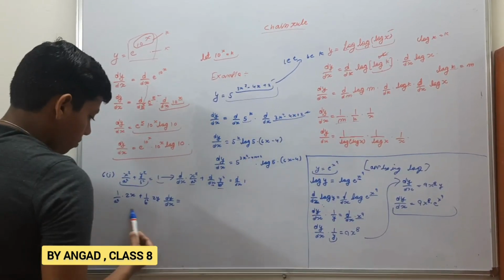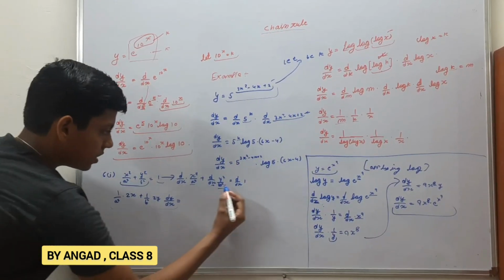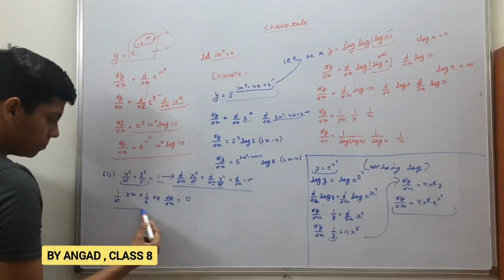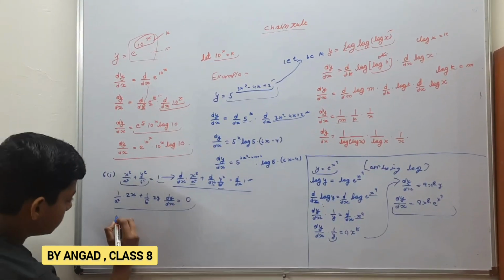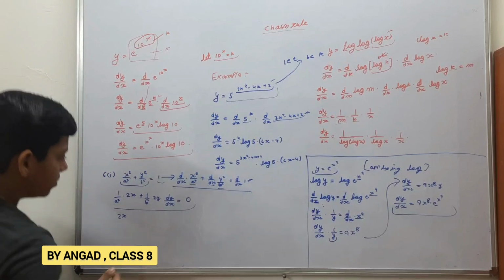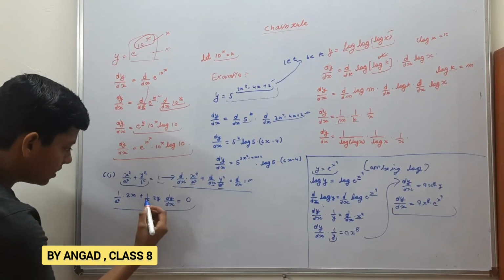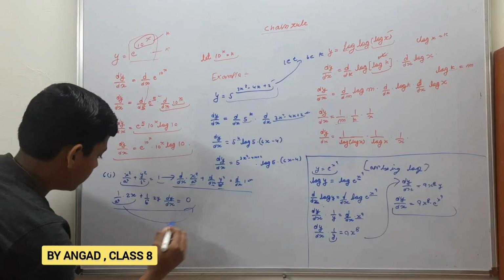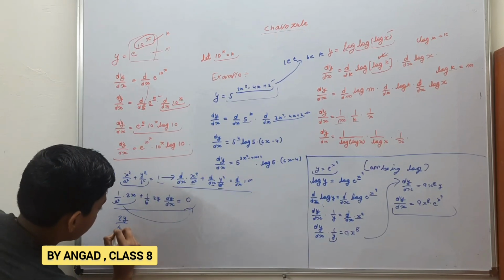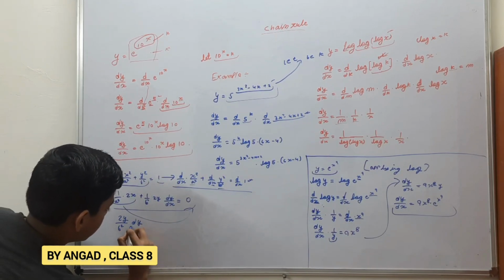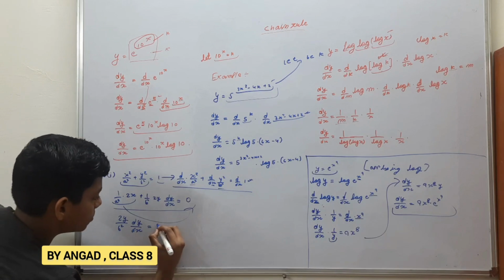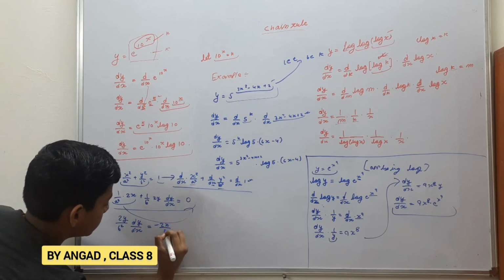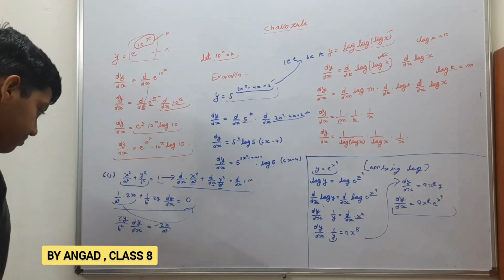I hope you have understood till here. Then here it will be 0. Let's keep these terms on the left hand side, and send these terms there. So it will be 2y by b square dy by dx is equal to negative 2x by a square.